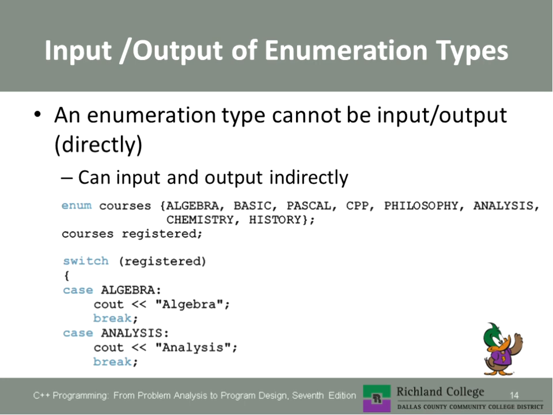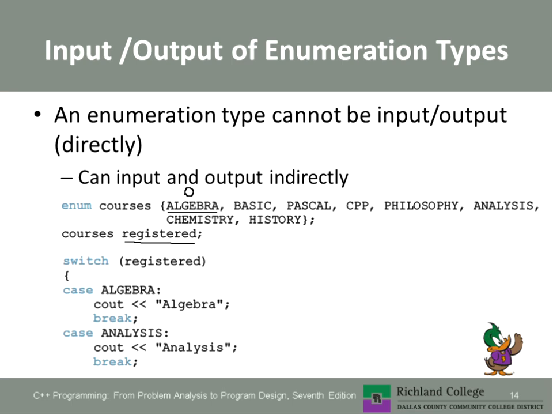In this case, algebra is really 0, right? So if I want to print out registered, cout registered, it's going to output 0. If you output 0, you have no clue. The user, when he looks at the screen, is like, what is 0? I don't know what 0 is.